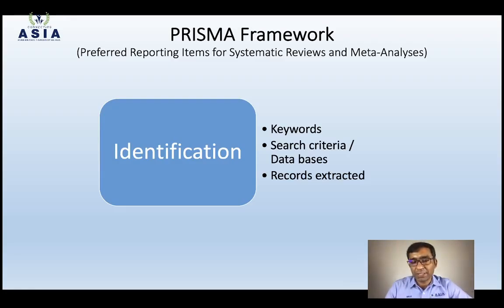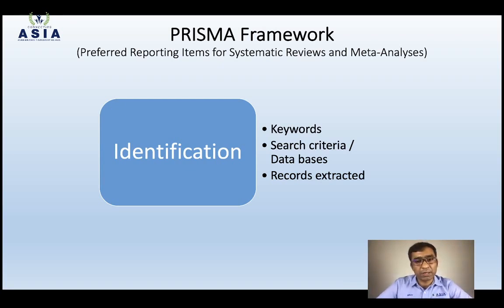If you don't have access to Scopus, try to follow my steps, and later, when you have access, you can extract your records very easily. So first, keywords; second, search criteria or the databases; and the third step is to extract your records.